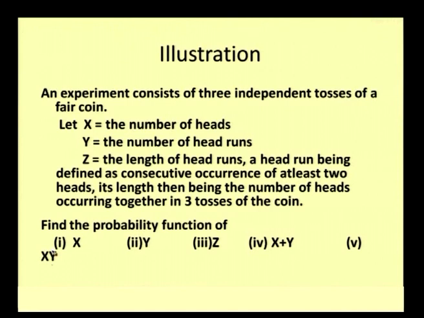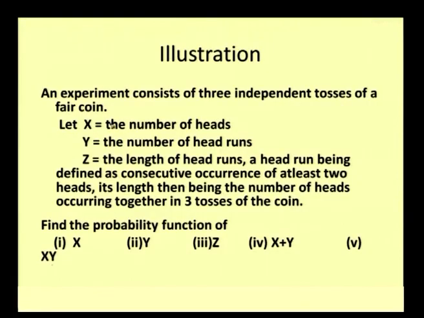So, x, y, z, there are 3 discrete random variables being explained here. An experiment consists of 3 independent tosses of a fair coin. When 3 independent tosses of a fair coin happen, what is the sample space we have to see? Then accordingly we have to construct the random variables x, y and z.